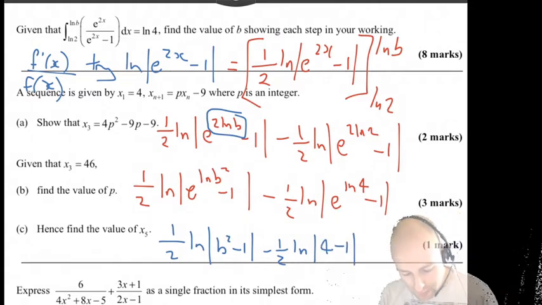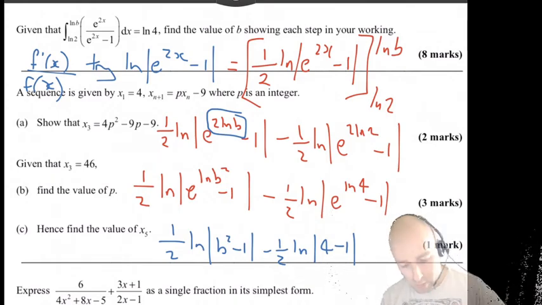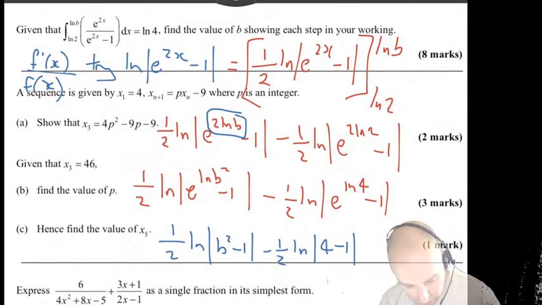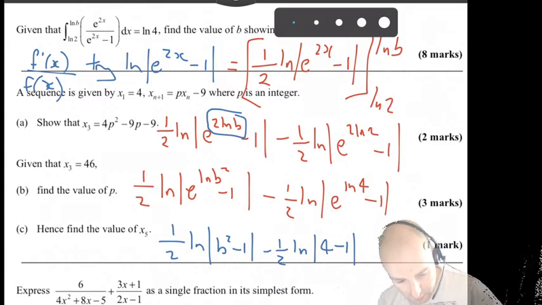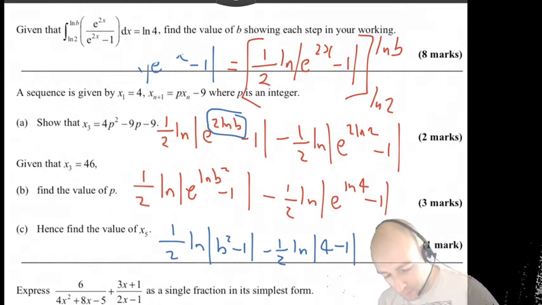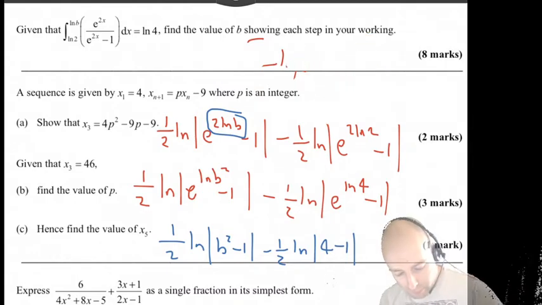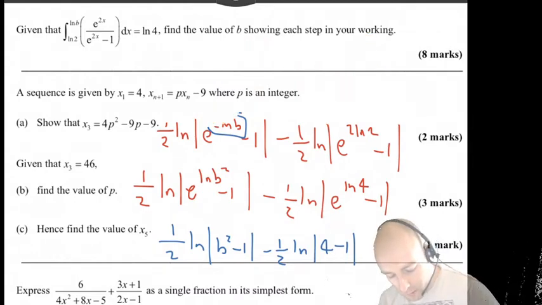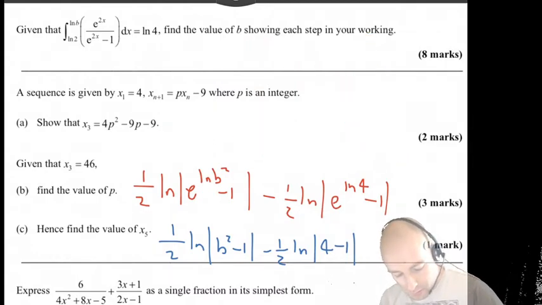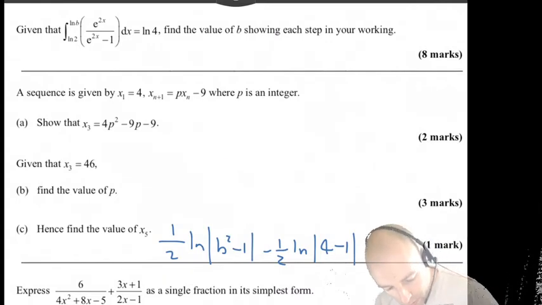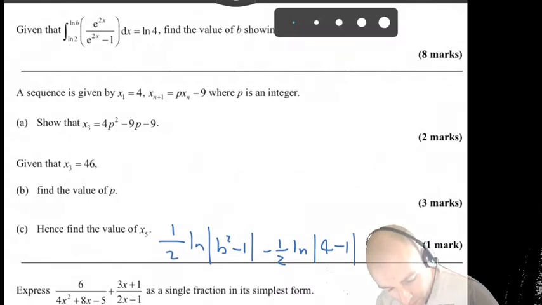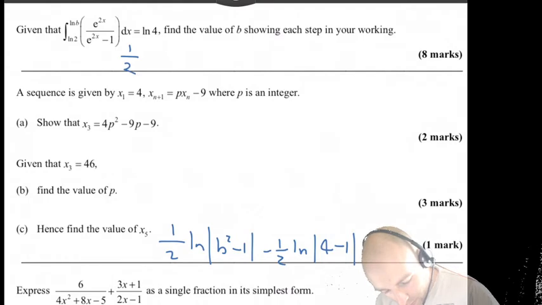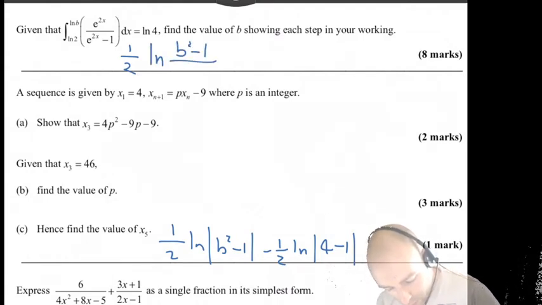We've got a half, we can take that as a factor, then we can use the division rule on our two logs to turn this into, running out of space here, so let's delete some earlier stuff. So we can go half ln of b squared take 1 divided by 4 take 1, which is 3.